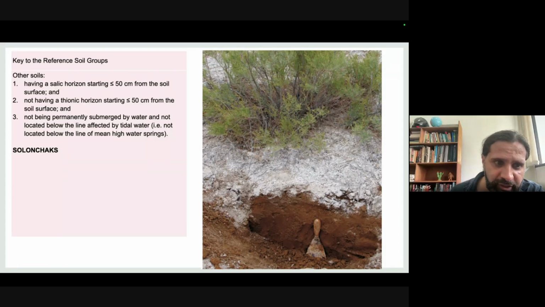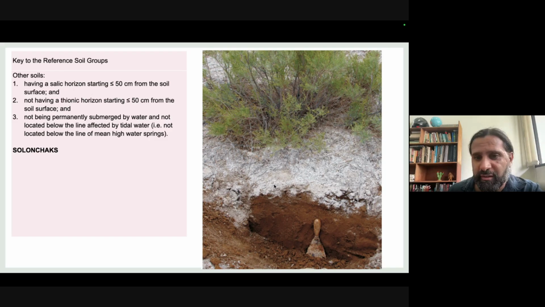The Solonchaks are those soils that could not fulfill the criteria for the Histosols, Anthrosols, Technosols, Cryosols, Leptosols, Solonetz, and others. I forgot all the names now. And the other soils having a salic horizon that concentrates salts.